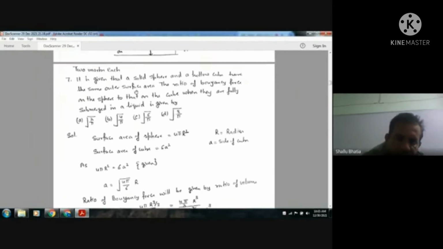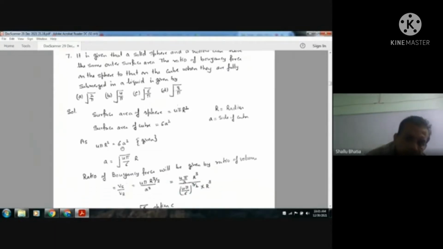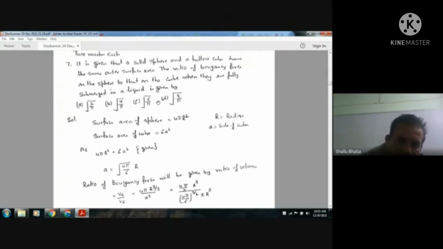Now we have to calculate the ratio of buoyant force. The buoyant force is nothing but the weight of the water displaced by the object, and the weight of water is directly proportional to the volume of water displaced because the density in both cases is the same, as both the solid sphere and hollow cube are submerged in the same liquid.